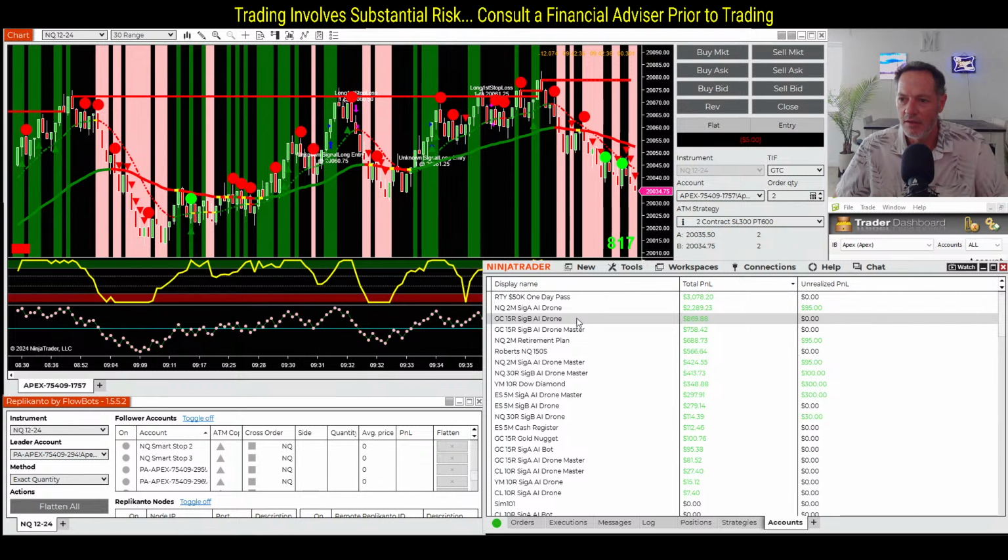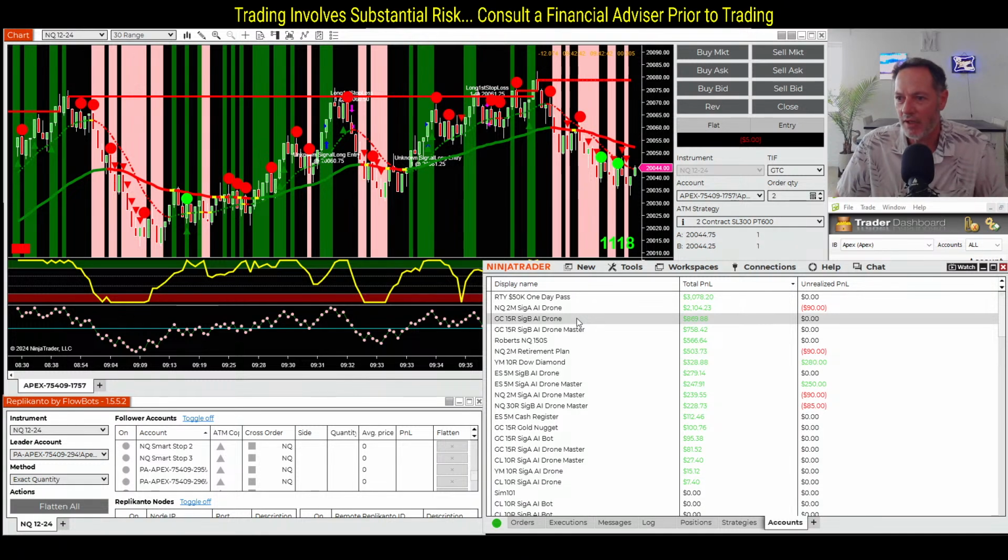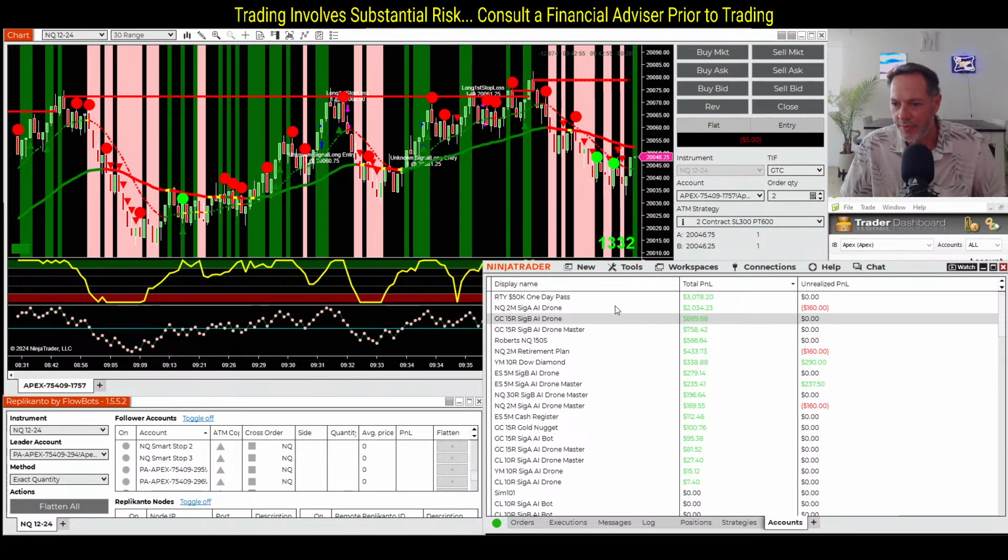Then the AI agent takes the data and passes it through to the mathematical model. The model does the action, hands it back through the agent to the NinjaScript, and we're off to the races. So we've got some real movement going on now.